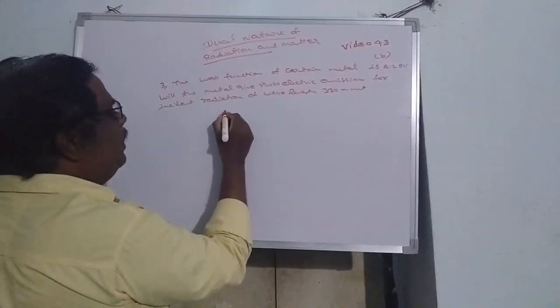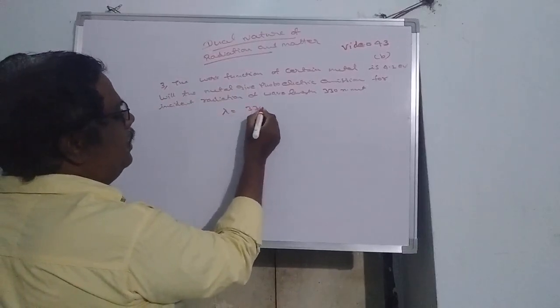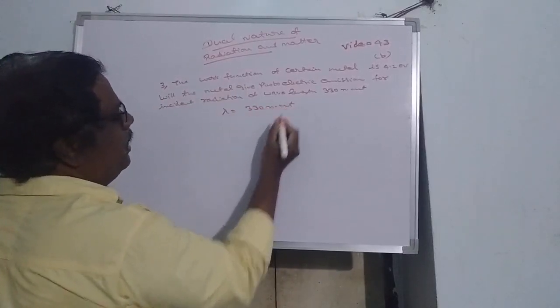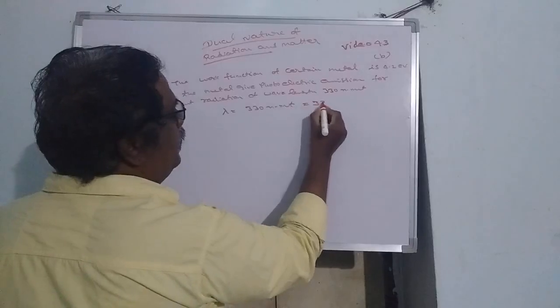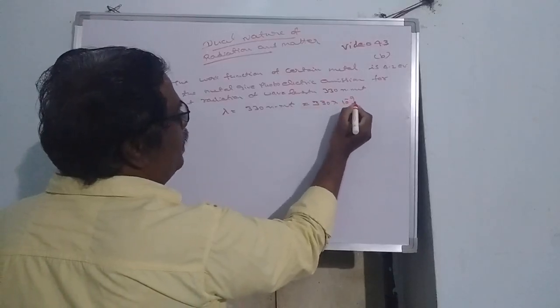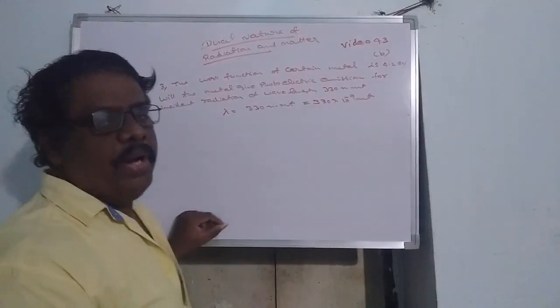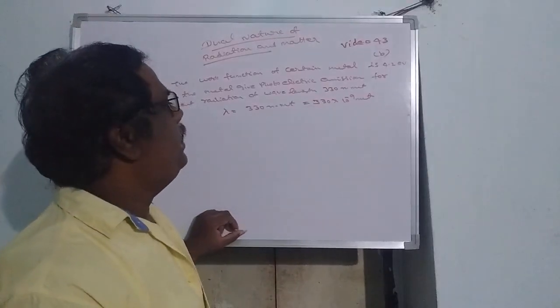So wavelength lambda is equal to 330 nanometer, which is equal to 330 into 10 power minus 9 meters. 1 nanometer is equal to 10 power minus 9 meter.